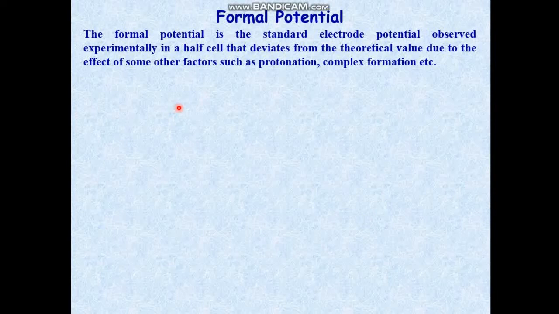The definition of formal potential is the standard electrode potential observed experimentally in a half cell. It is the experimental standard potential, which deviates from the theoretical value, so it is not equal to the theoretical E0 value. Why does it deviate?